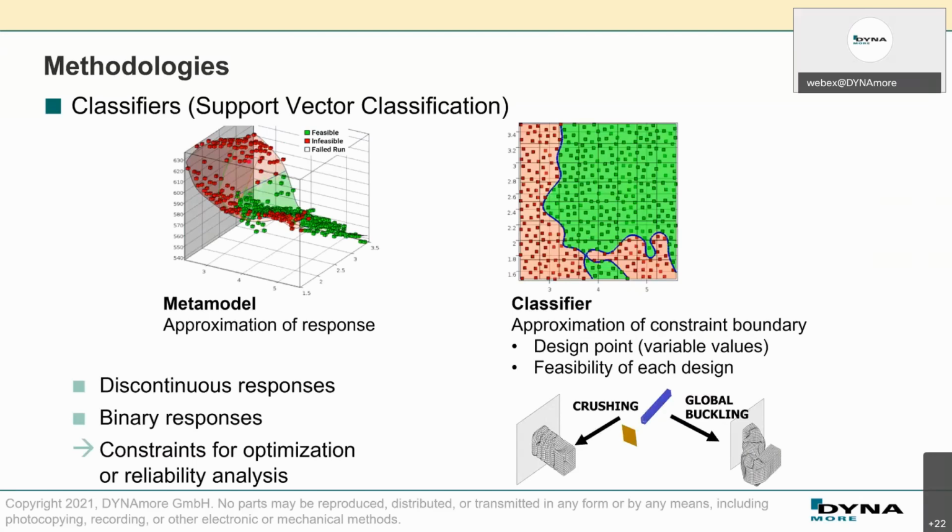So just where in the design space is the design boundary between feasible designs, designs that satisfy all the constraints, and infeasible designs, designs that violate at least one of the constraints. This is especially useful for discontinuous responses, since meta models are always continuous functions, and also for binary responses, classifiers are very useful, and they can be used as constraints for the optimization or reliability analysis.